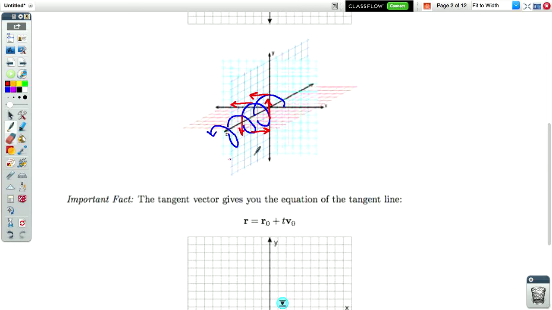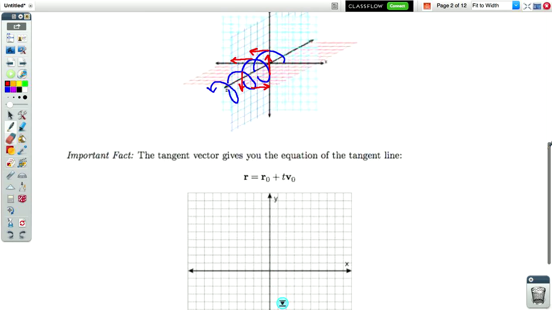Our tangent vectors would be traveling, I don't know how to say it without using the word tangent, but traveling tangent to this helix. But it works the same in 3 space as well.